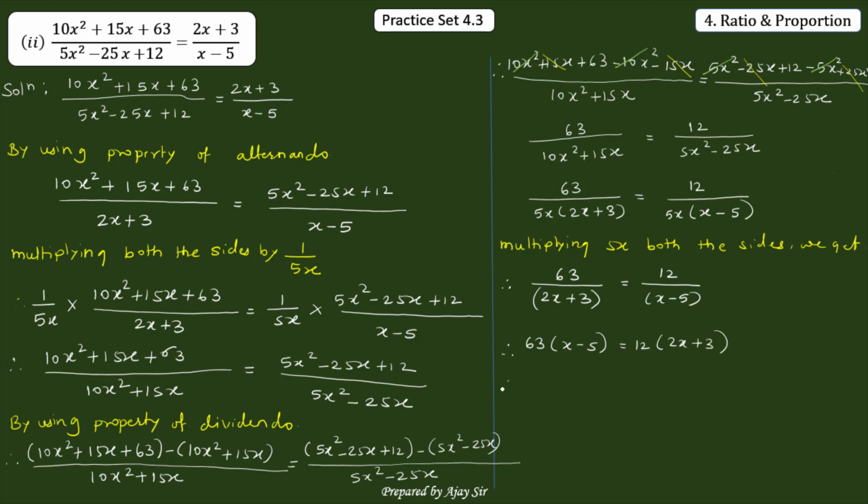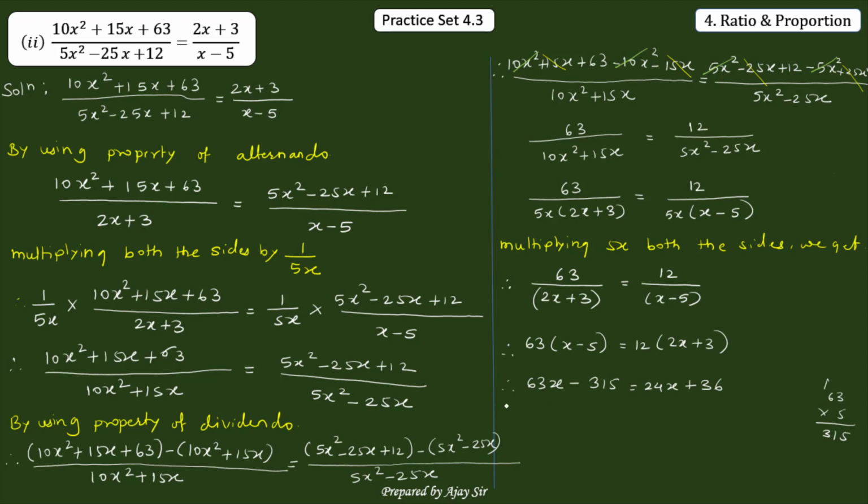Let us multiply this. 63 into x, that is 63x, minus 63 into 5: 5 3s are 15, 5 6s are 30 and 1 is 31, so this gives 315. And on the right, this is 24x, and 12 into 3, that is 36.